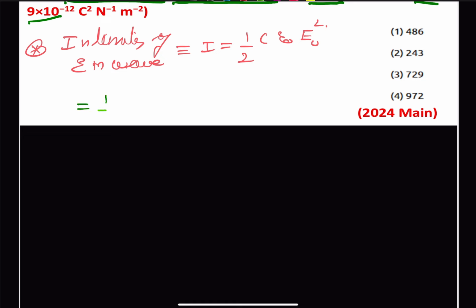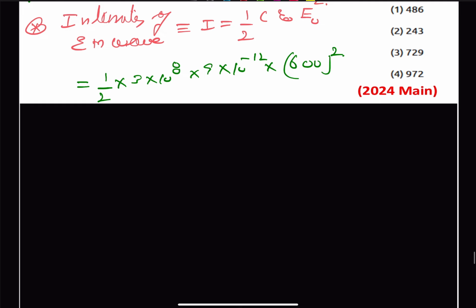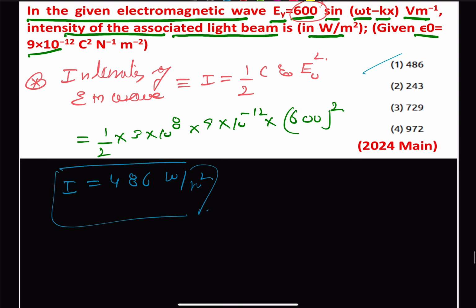So we substitute: half into 3 × 10^8, epsilon is given to us as 9 × 10^-12, and this is our 600 whole square. We get that I is equal to 486 watt per meter square. So option 1 is correct.